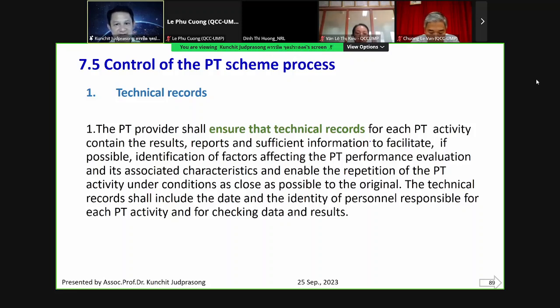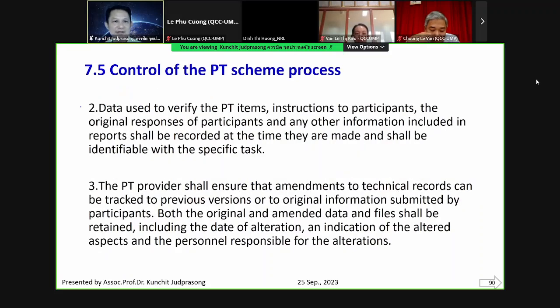Usually we have the record form. We try to have a record form with a checklist that you fill in every time. It's good enough to fulfill every requirement, especially on the result of the participant. So this is the new concept. Okay, control of the PT scheme process.